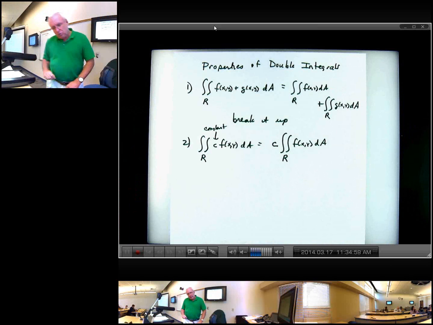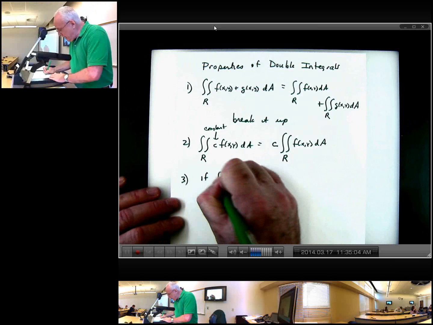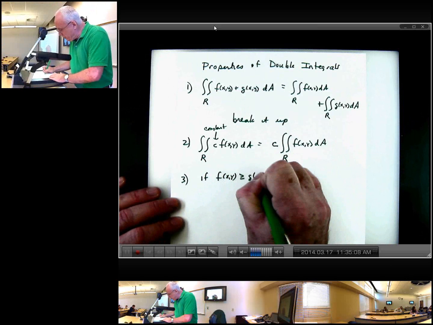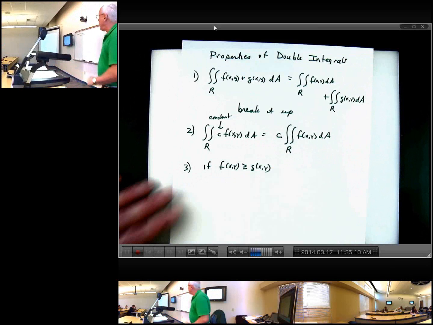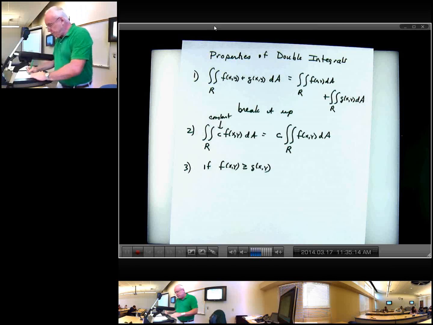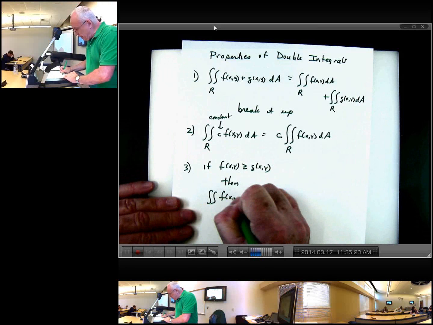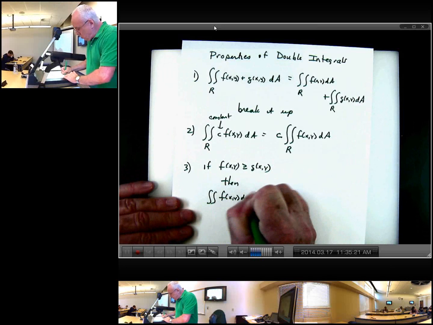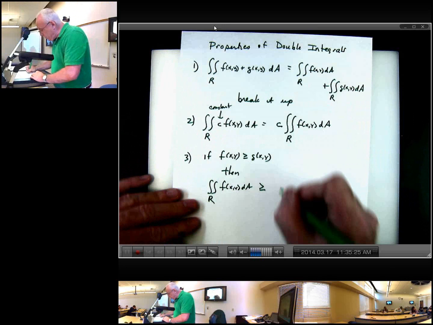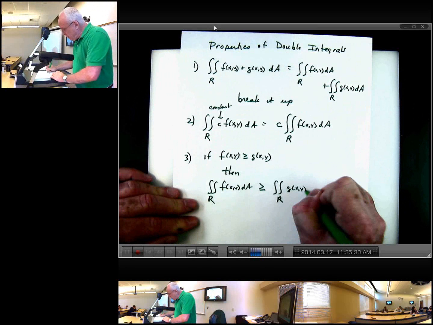And then the last one in this section is this. If we have a function f of xy that's always bigger than g of xy, so its values are always greater, then the double integral of f of xy dA over the rectangle is going to be greater than or equal to the double integral of g of xy dA.